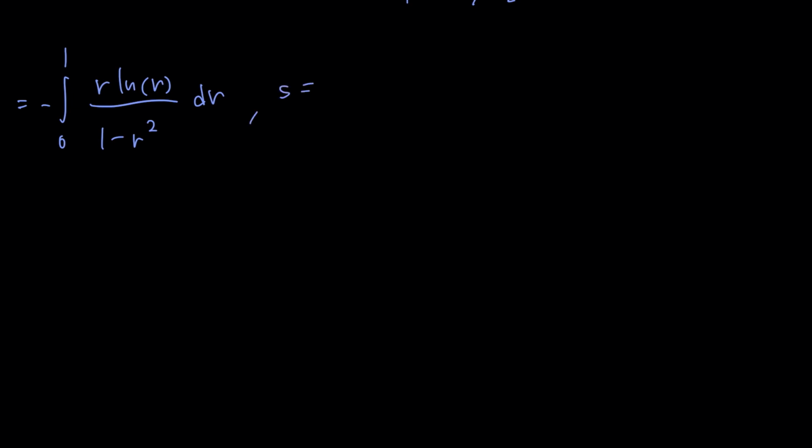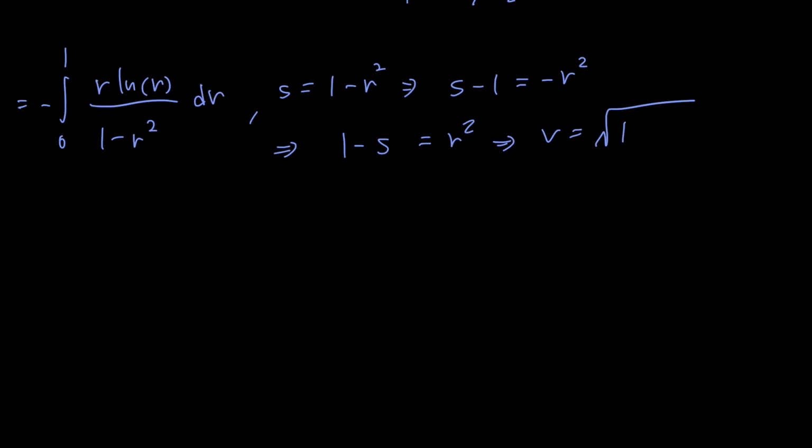So I'll let s equal 1 minus r squared, which means that s minus 1 equals negative r squared, which also means that 1 minus s equals r squared. And solving for r, we have r equals the square root of 1 minus s. We'll have that ds over negative 2r will be our new dr. The bounds of integration: s sub 1 will be 1, and s sub 2 will be 0, so s is going to go from 1 to 0.